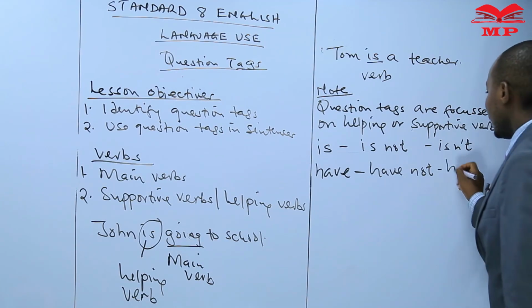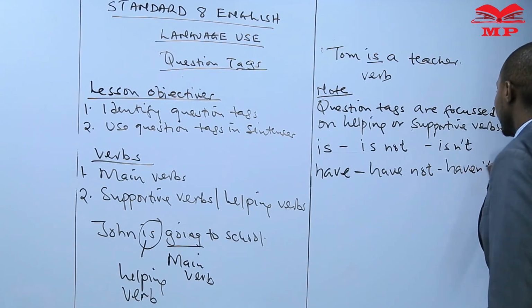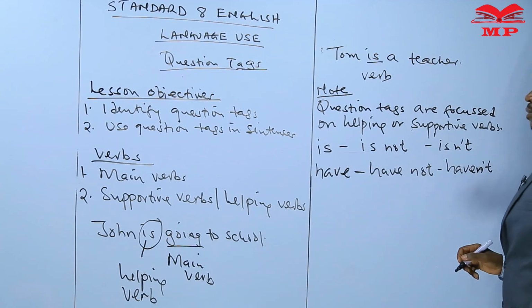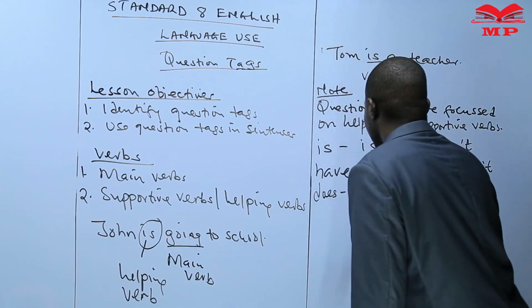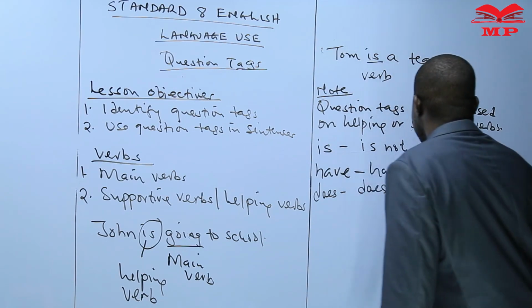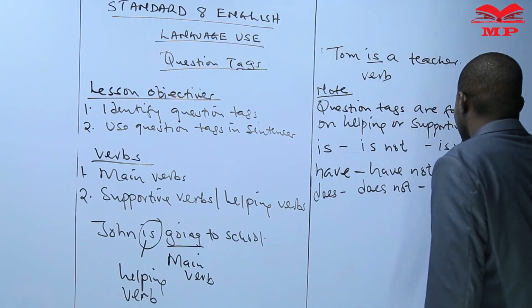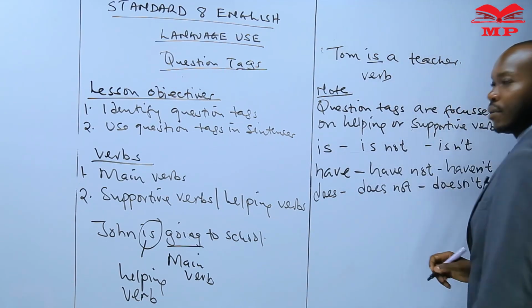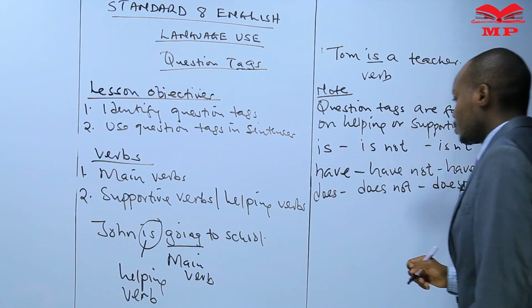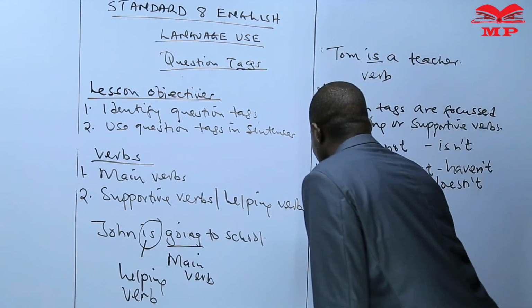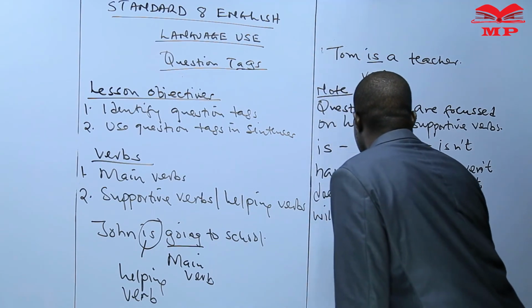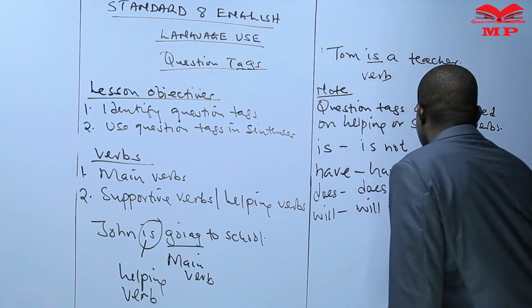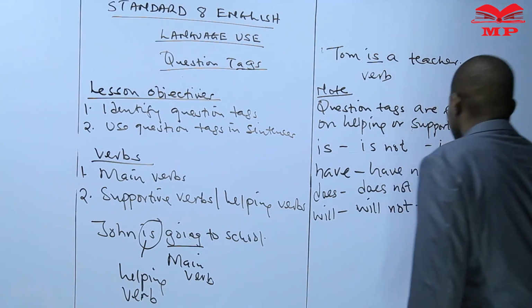Have, "haven't". We have "does not", which is "doesn't". "Will not", and we write "won't".